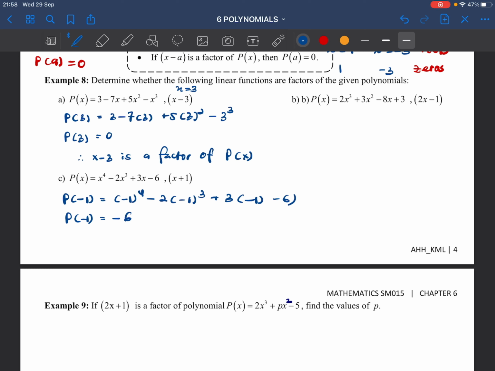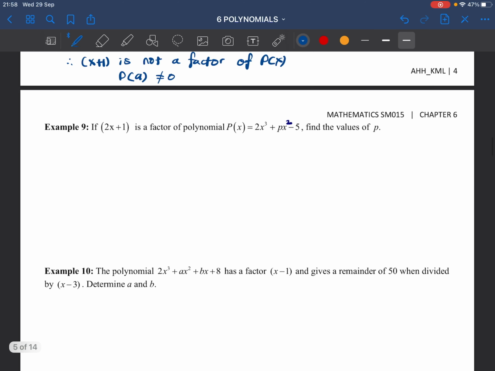Negative 6. That means because your P(a) is not equals to 0, that means your x plus 1 is not a factor of P(x). Okay, sebab P(a) is not equals to 0. So now you know your factor theorem. We can just do our example.